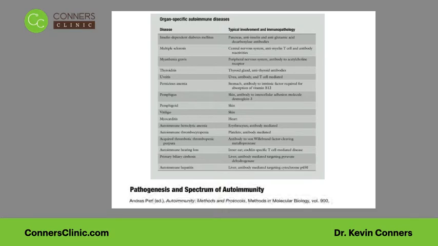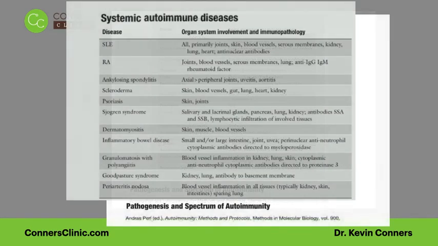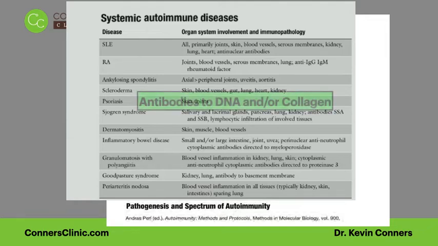It gets more complicated when we deal with systemic autoimmune diseases. So systemic autoimmune disease like systemic lupus or rheumatoid arthritis is even more complex, because not only do you have antibodies to a particular tissue, but with systemic autoimmune disease you have antibodies to DNA and or collagen.